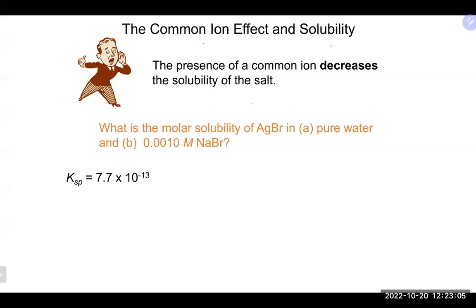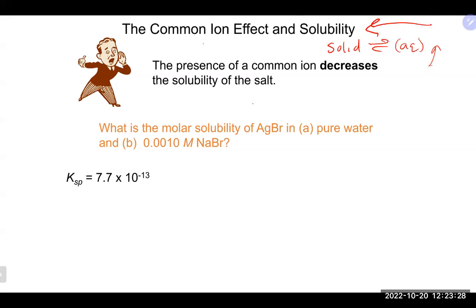Once again, if you just think about these reactions where we have solid on the left, aqueous ions on the right, if I have a common ion, which side would it have to be on? It would be like adding to the right-hand side, right? And Le Chatelier's principle would say it would then shift to the left, right?